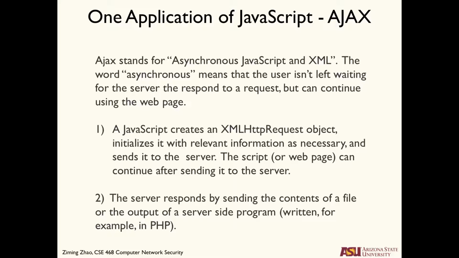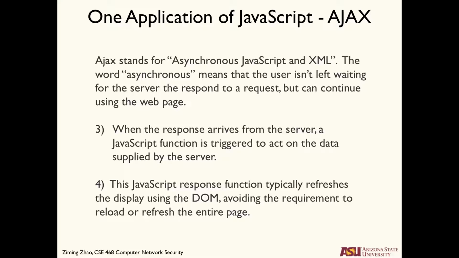So for developers, if you want to use AJAX, you first use JavaScript to create this XMLHttpRequest object, and you use this object to send an asynchronous request to the web server, and the web server will respond by sending the content of a file or whatever.